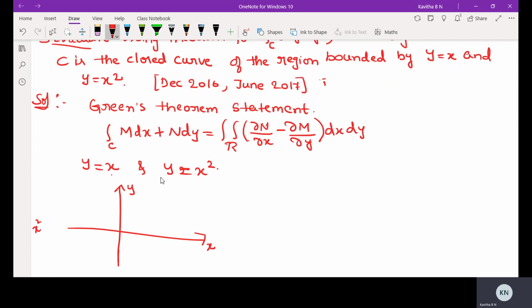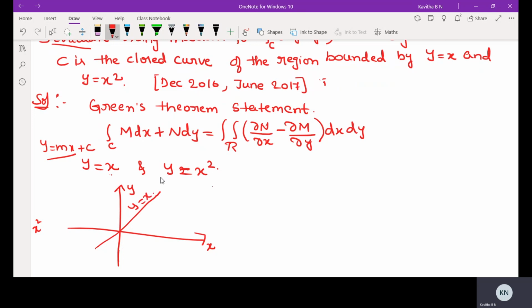Y is equal to x means y is equal to mx plus c, a straight line passing through the origin. The line will come this way. This is nothing but y is equal to x.